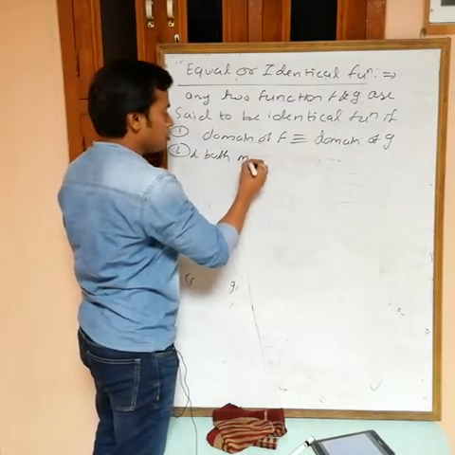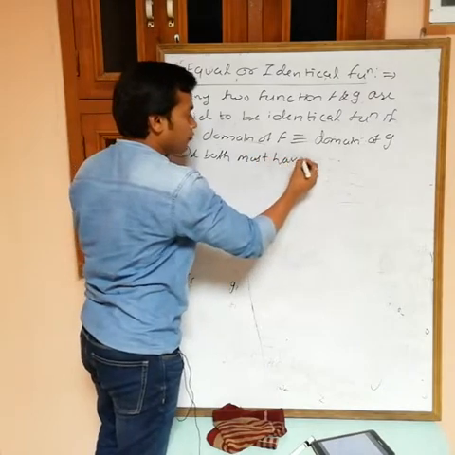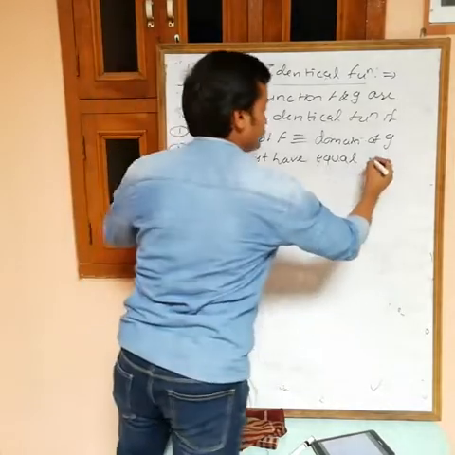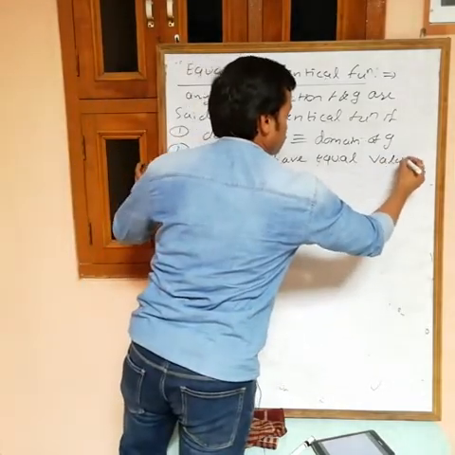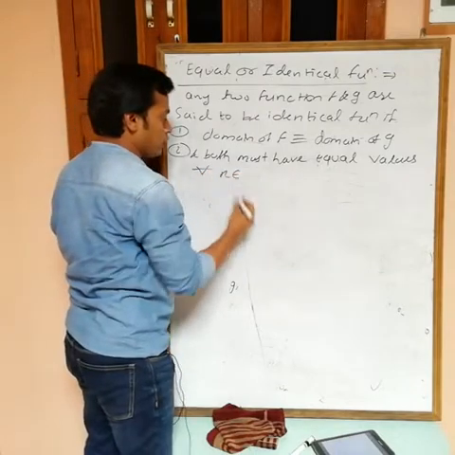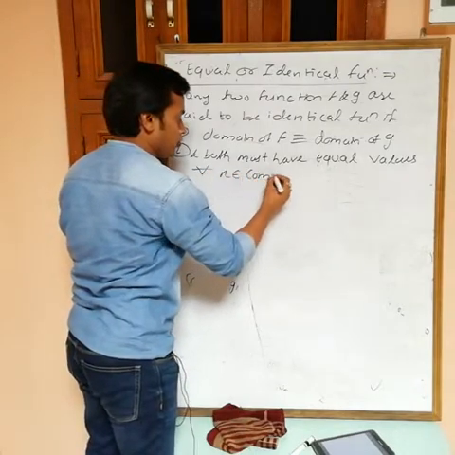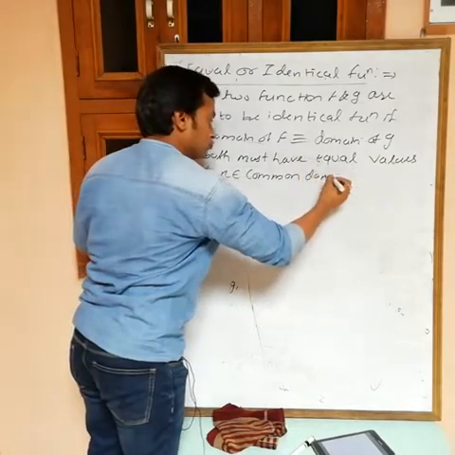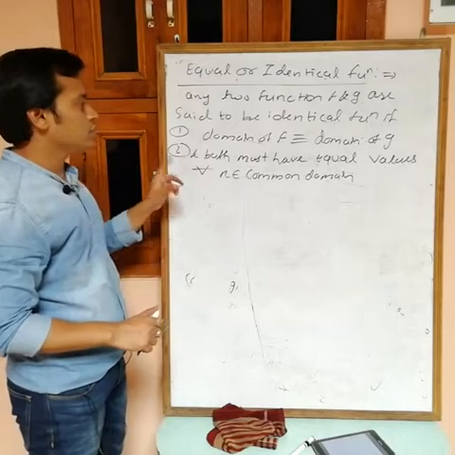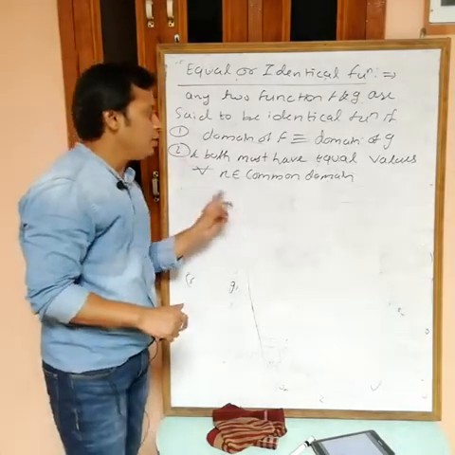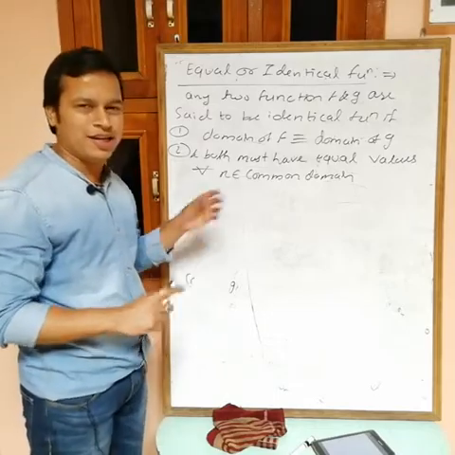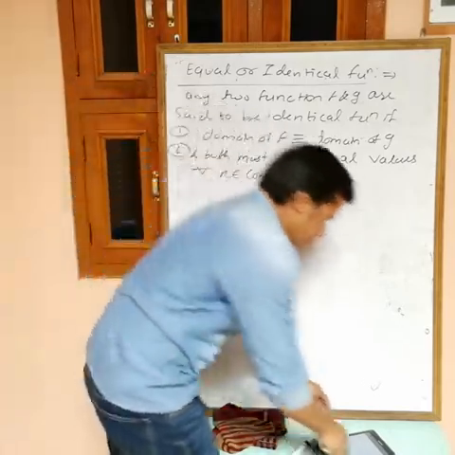Both must have equal value for all x belongs to common domain. Okay, values must be same. So first check for domain must be same, and then for common domain values must be same. Just take an example, this will be clear easily.